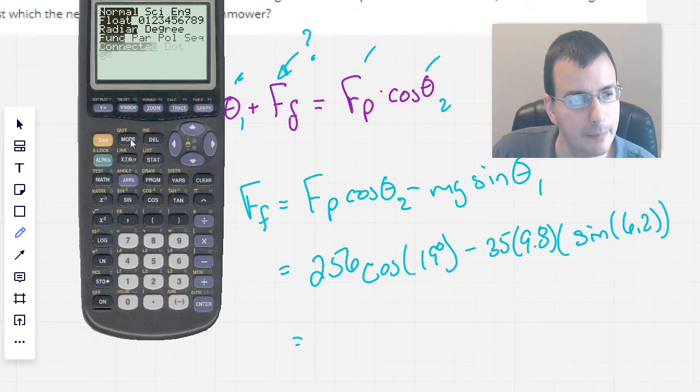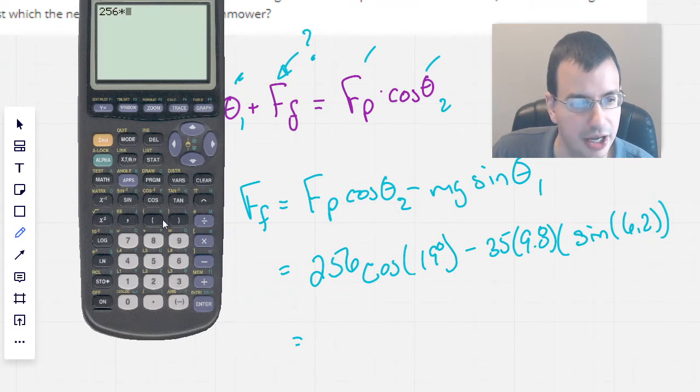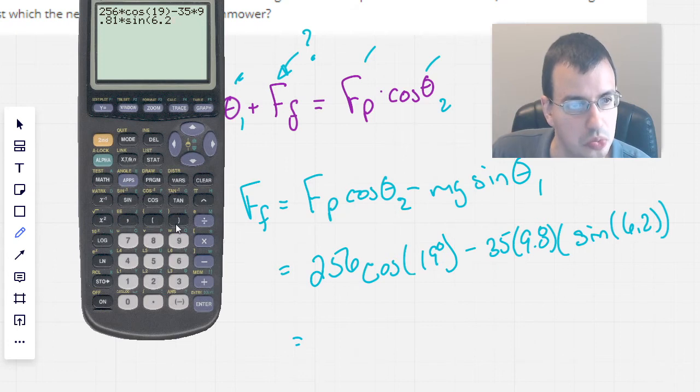Clear mode, degrees. Make sure I've got it in degrees. I am. 256 times cosine of 19 minus 35 times 9.8 times sine of 6.2.